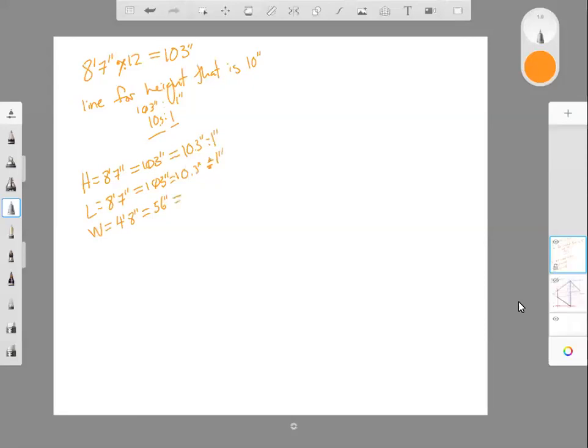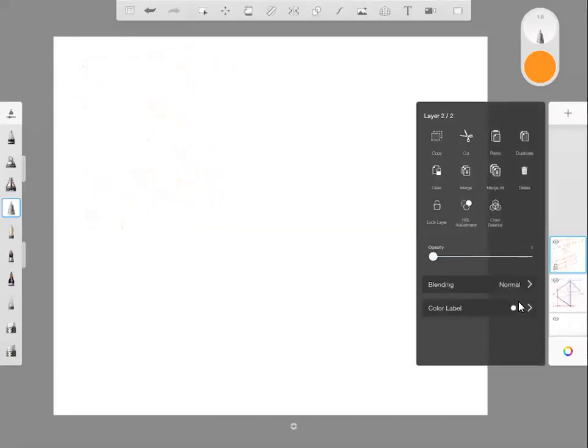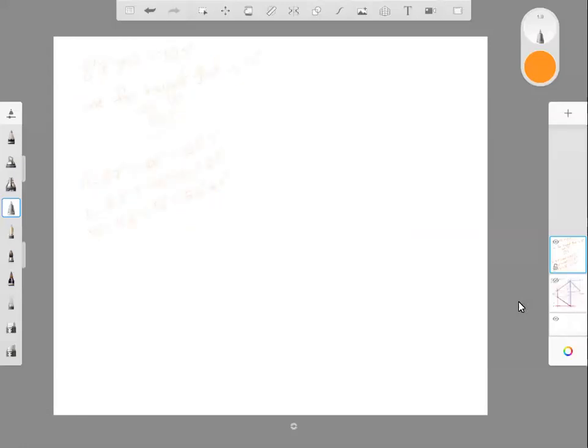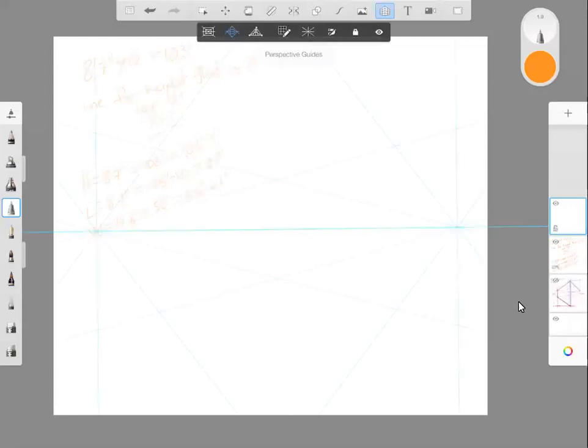And then this would actually be like 5.6 inches to 1 inch. So there's our 2-point perspective.